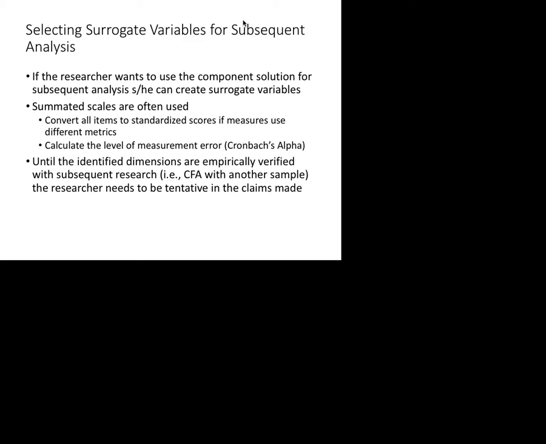In some cases, I don't know of the examples we've talked about or the examples that I've seen that anybody was using data that was measured on different scales, meaning some of your questions were measured maybe on a 1 to 4 scale, other questions on a 1 to 7 scale, other questions maybe on a 1 to 9 scale.